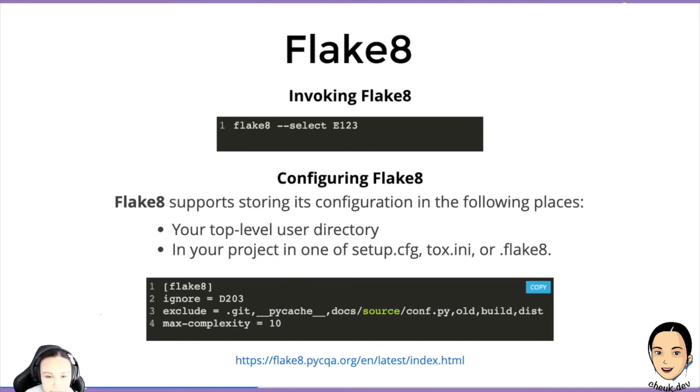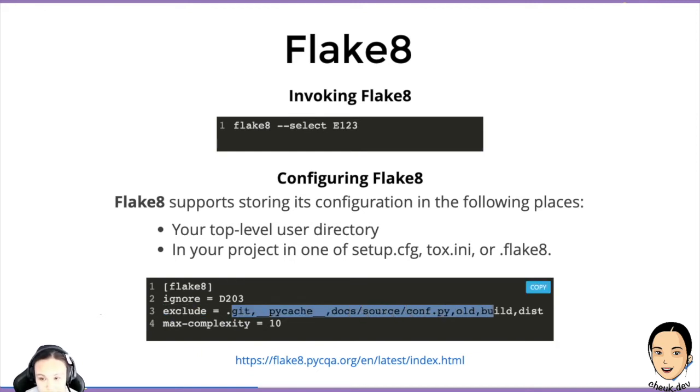Also exclude. Sometimes you have some intermediate files, or, this is quite common, the doc files. This is actually the config file for Sphinx. I haven't talked about Sphinx yet, but maybe in the future when I talk about Sphinx, you'll see those config files are a little bit strange.